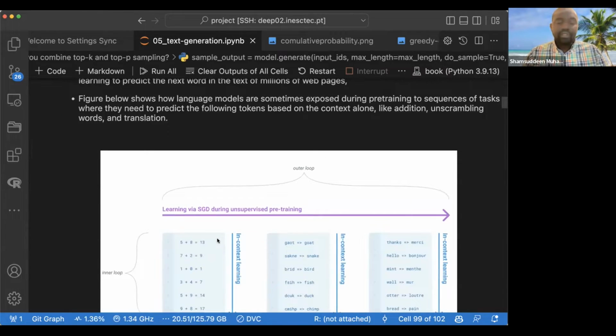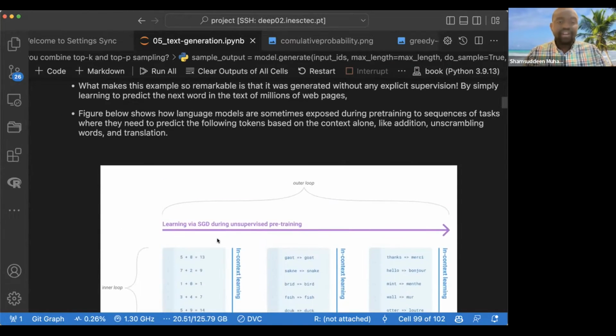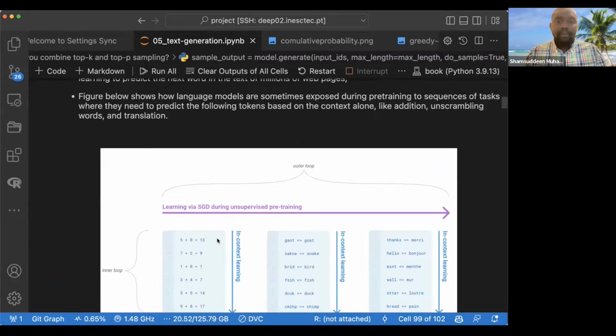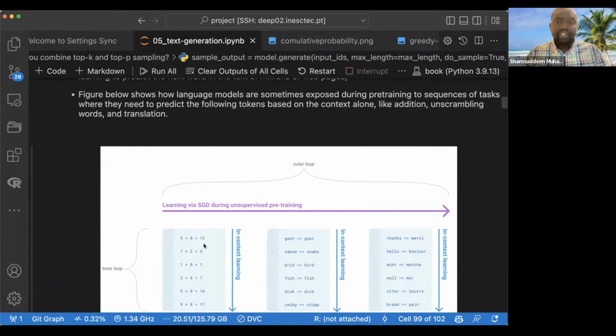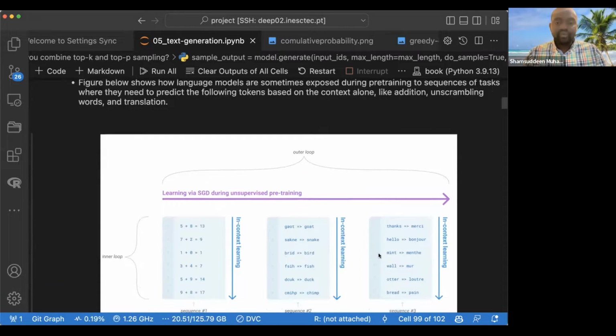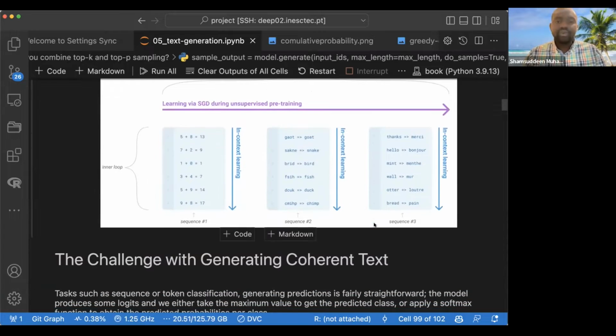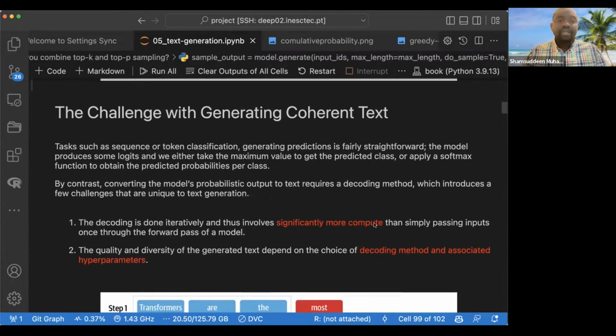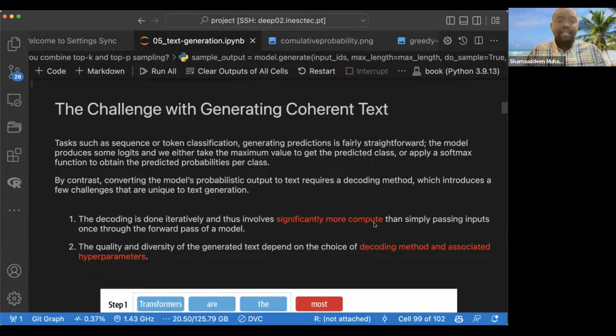The book discusses how text generation basically learns, how it tries to predict the next tokens based on the context, for example addition, also unscrambling, also machine translation. So this is something we saw before. Now let's move on to text generation.